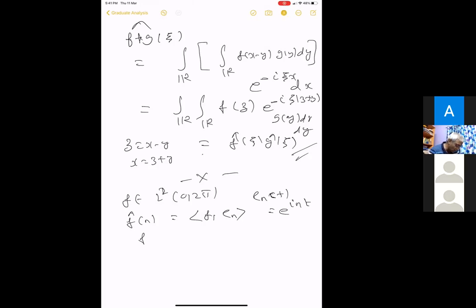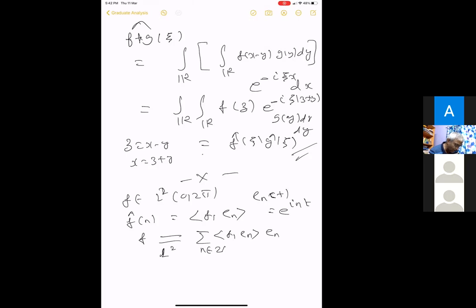Then you can write f in L2 as the summation of ⟨f, e_n⟩ e_n. This does not point to its convergence, but you can make sense of it in L2.